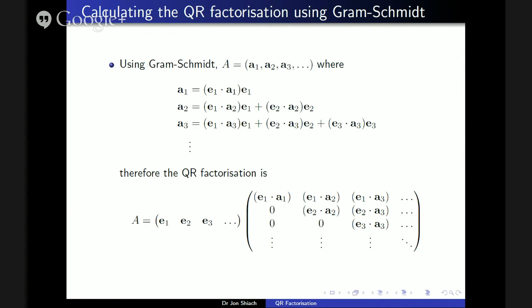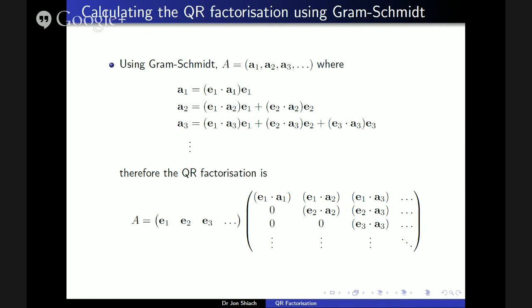Remember the E's are all column vectors, so this is actually a matrix, but I've written it in the form of E, multiplied by an upper triangular matrix of dot products. Those dot products are all obviously scalar values.